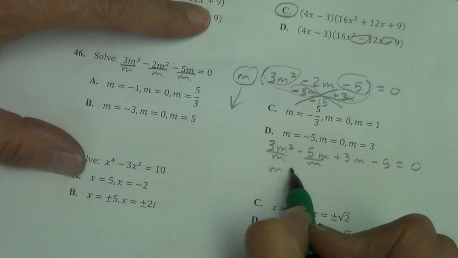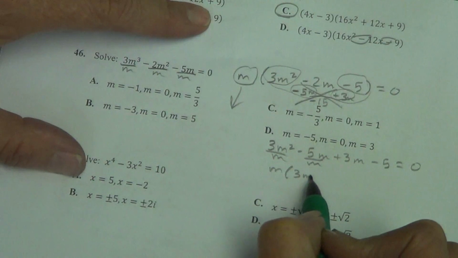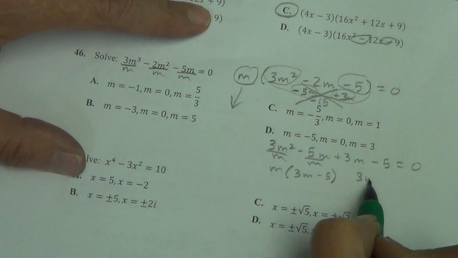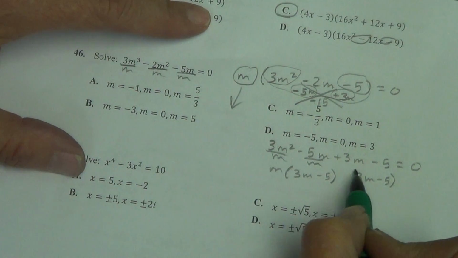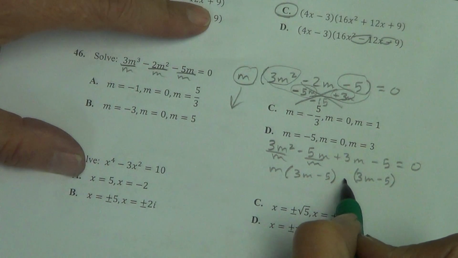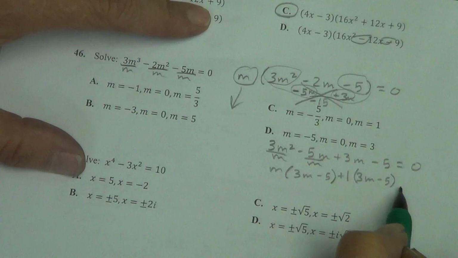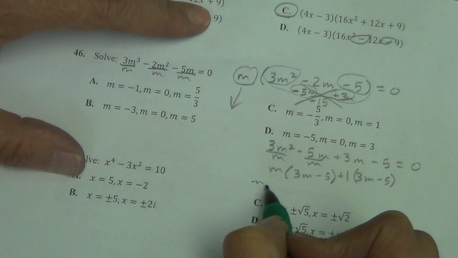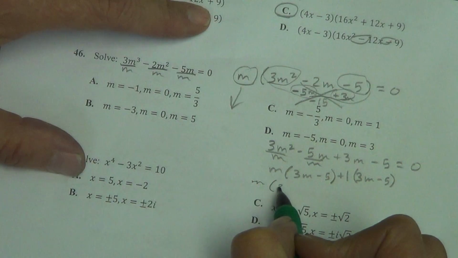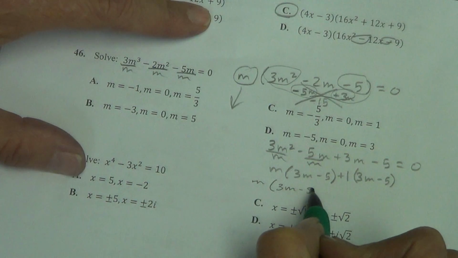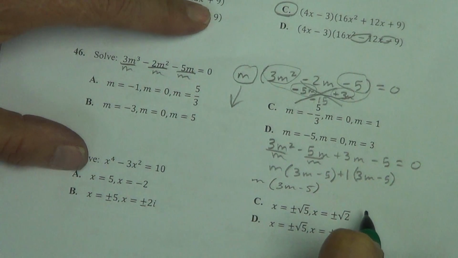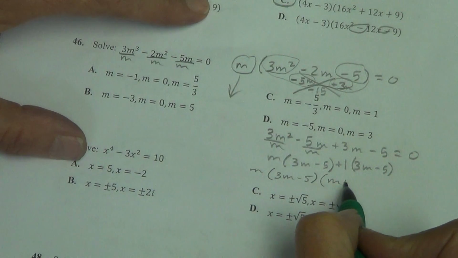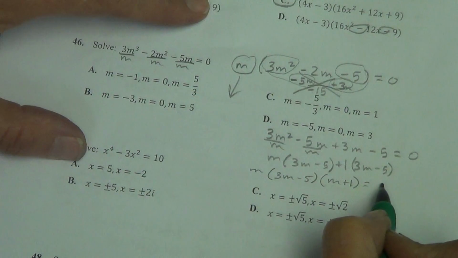So we have m times 3m minus 5, and 3m minus 5, so it's plus 1. So our final factors are m, 3m minus 5, and m plus 1 equals 0.